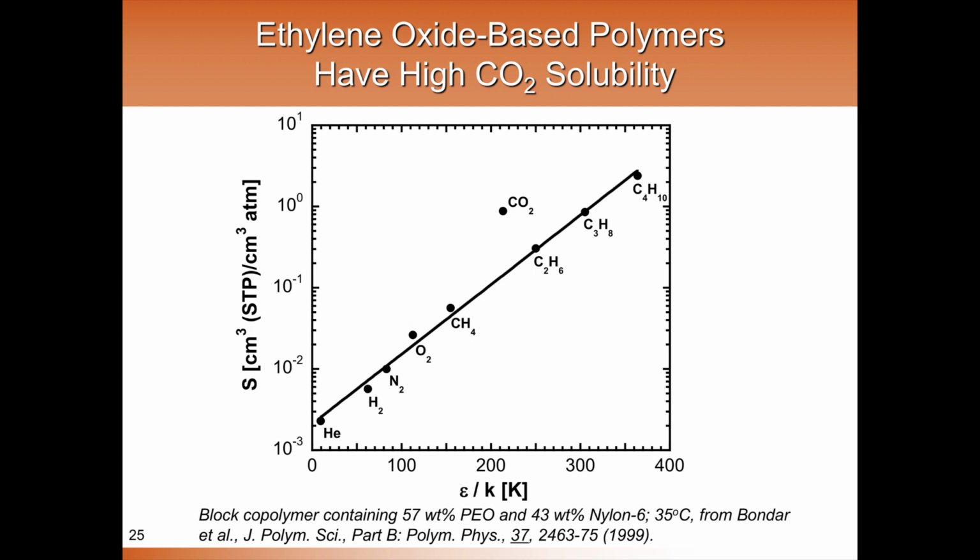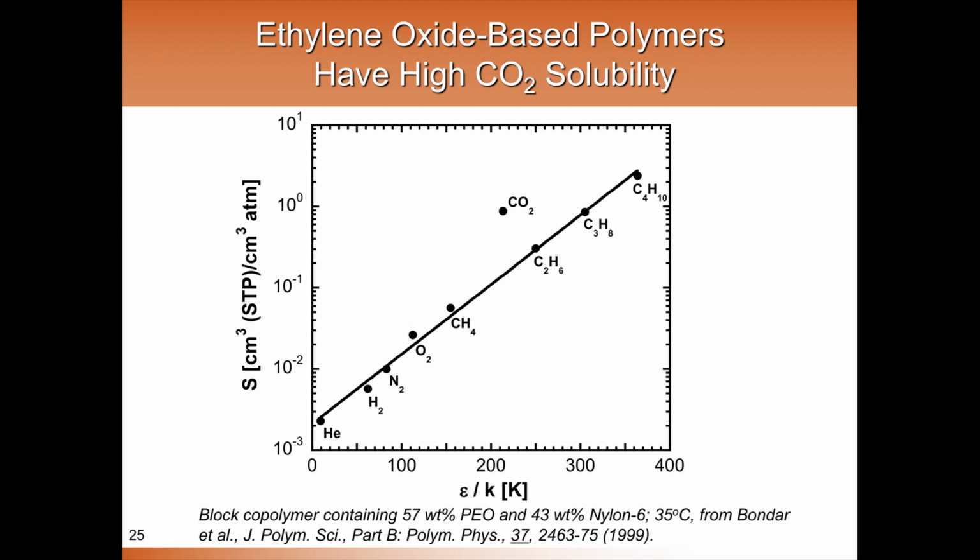Now, this is showing solubility data for a variety of gases plotted versus the Lennard-Jones well depth. And this is in a block copolymer that contains almost 60 weight % polyethylene oxide. And the ethylene oxide units interact favorably with polar and quadrupolar gases like CO2.